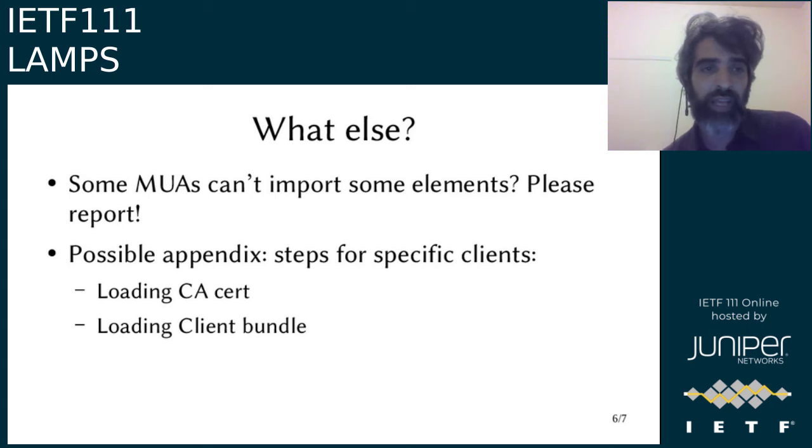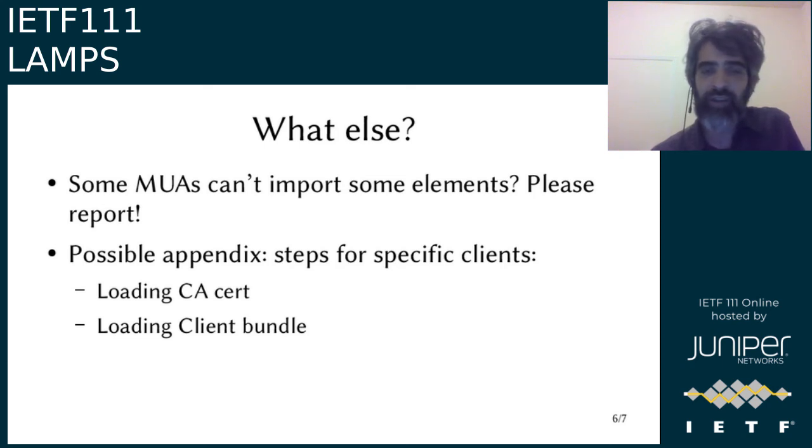There's been a proposal that we add an appendix to the draft that has different steps for clients for how to load the CA certificate, and for how to load one of the client bundles, the PKCS12 bundles. We can include that. It feels a little bit software specific.